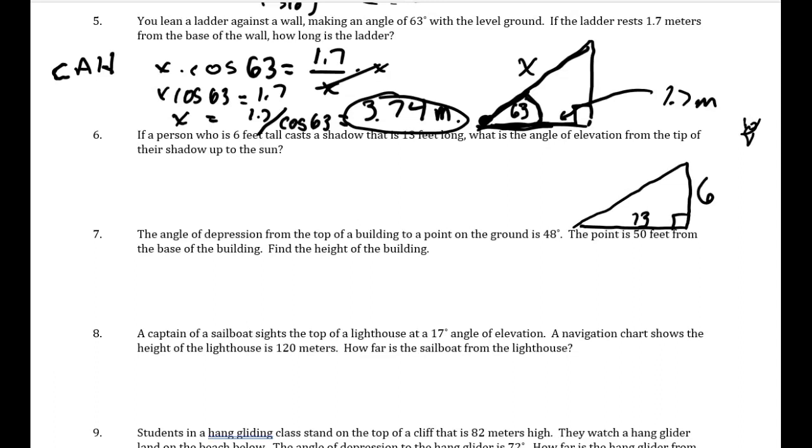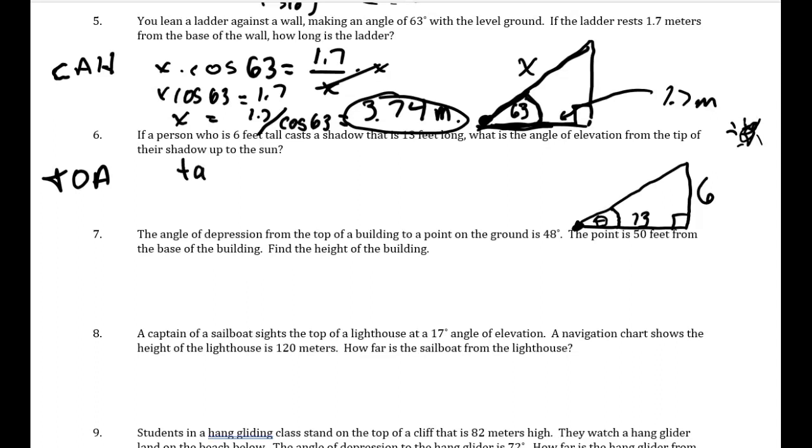What is the angle of elevation from the tip of their shadow up to the sun? So here's the tip of the shadow, here would have been our sun, and we are looking for this angle. That's the variable we are trying to solve for. We know the opposite side and the adjacent side. We don't know our hypotenuse. So opposite over adjacent is the TOA. T is your tangent, opposite, adjacent.